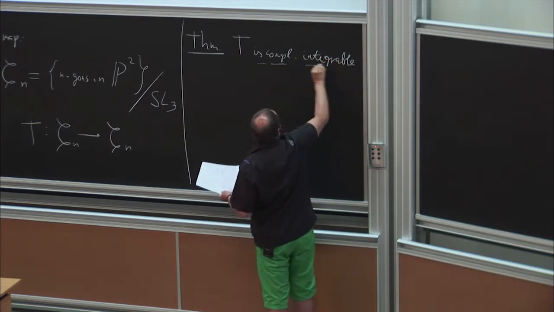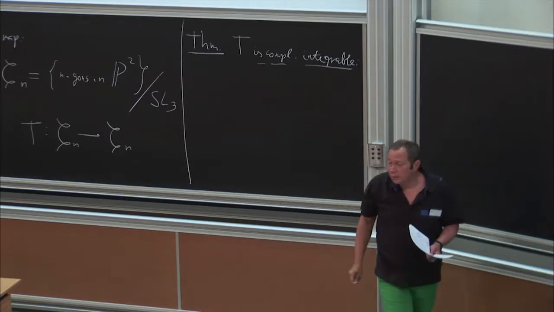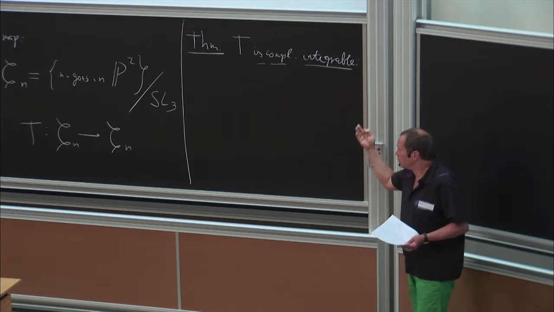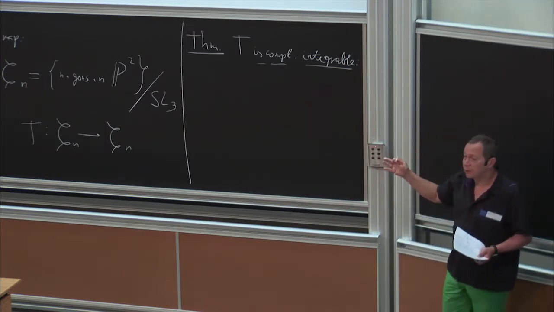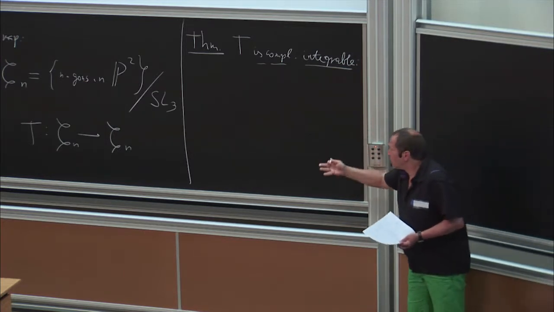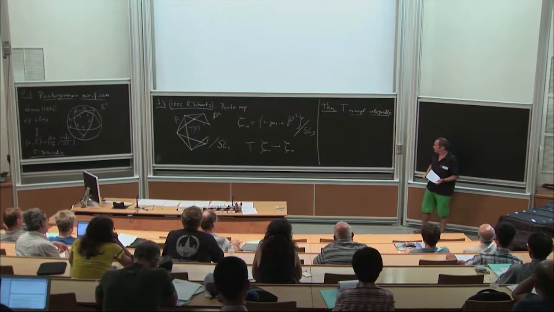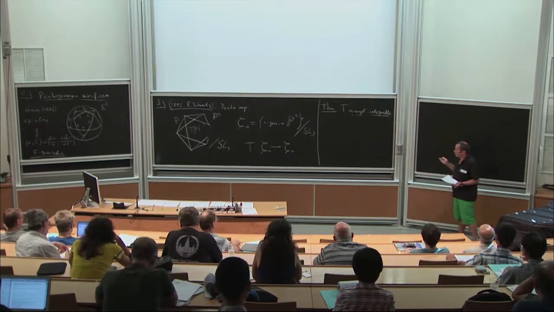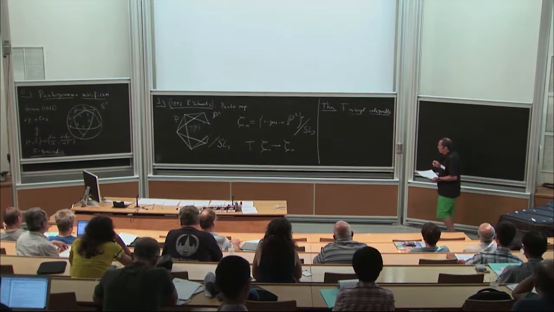Completely integrable means in the usual Liouville, or should I say Liouville-Arnold, sense, it means that there is a Poisson bracket and commuting first integrals. So we will discuss this. It's the most classical way to define integrability.